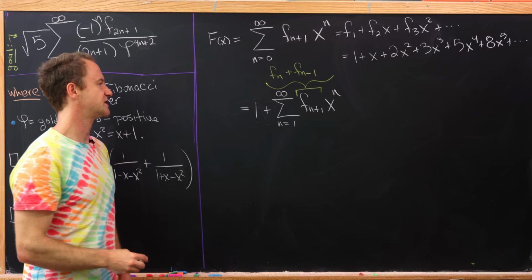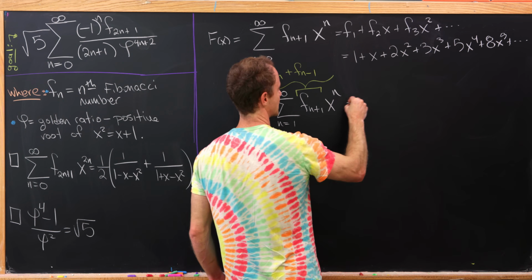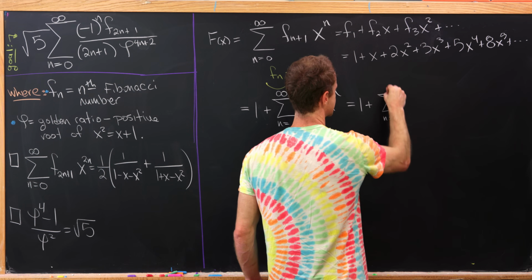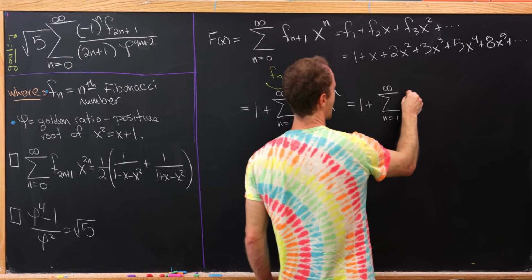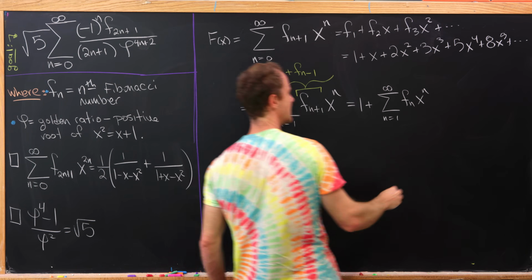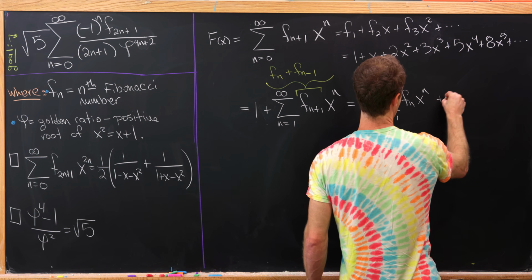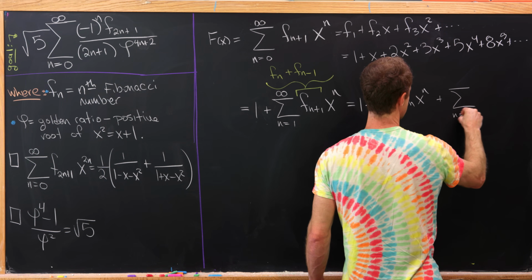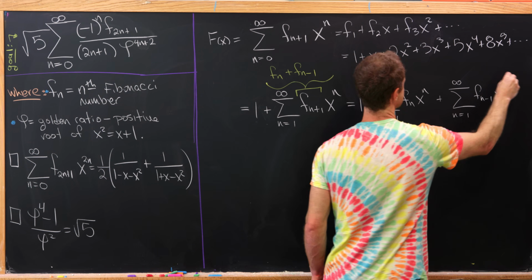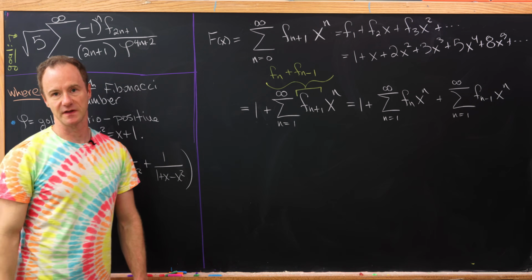And then I'll split those into two sums. So that'll give me 1 plus the sum as n goes from 1 up to infinity of F_n x^n. And then next I'll have the sum as n goes from 1 to infinity of F_(n-1) x^n. So something like that.